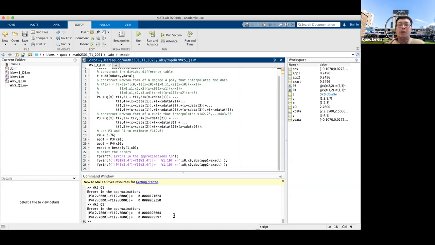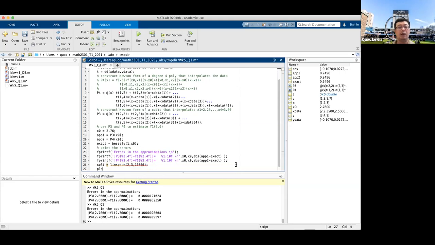Now suppose I want to plot it. Maybe plotting is the next question, but you can plot it with the following command. Suppose I put in 2 to 3 with 10,000 points.